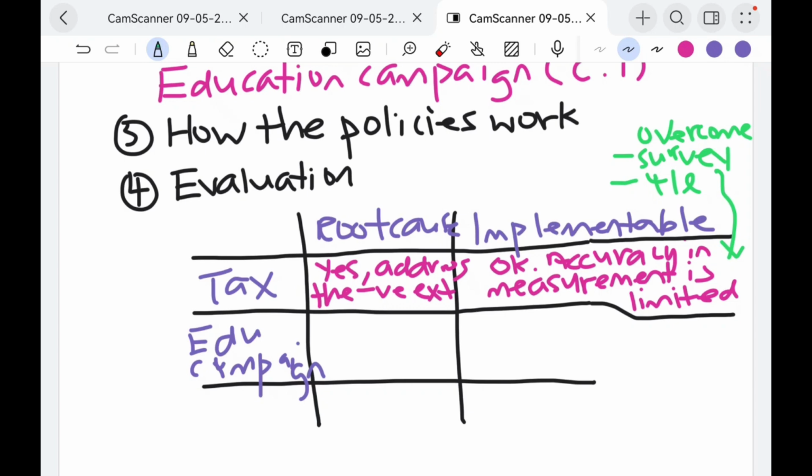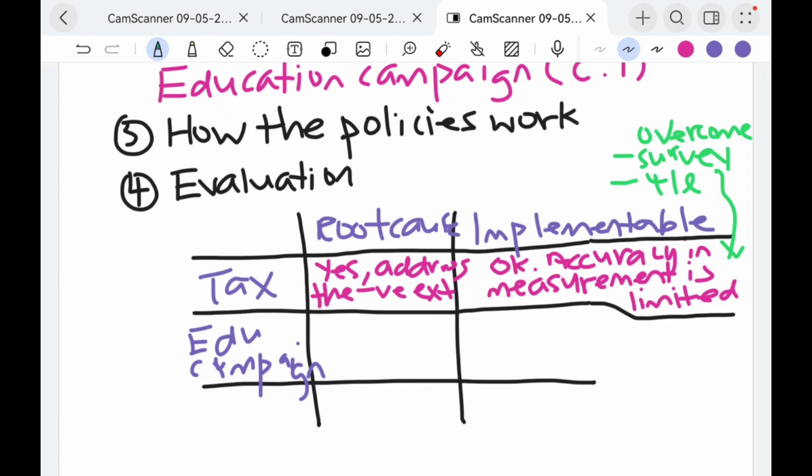But in this case, tax would be a sufficient policy to reduce the gap, reduce the overconsumed amount. It may not immediately be at the optimal level, but it could reduce the level of externality by making people internalize the impact.